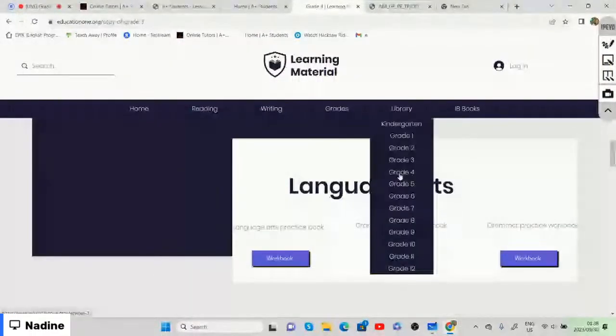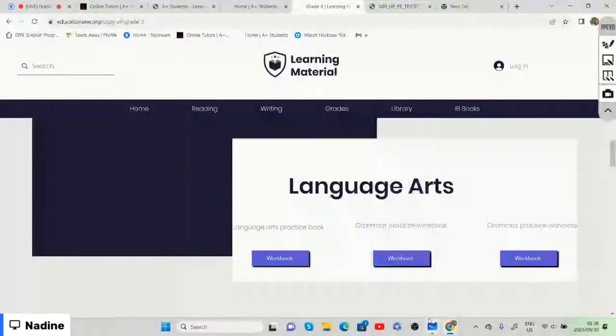All right, so once we have selected grade 4 and we've selected language arts, and then we're going to click on the second and middle workbook, which is the grammar practice workbook.